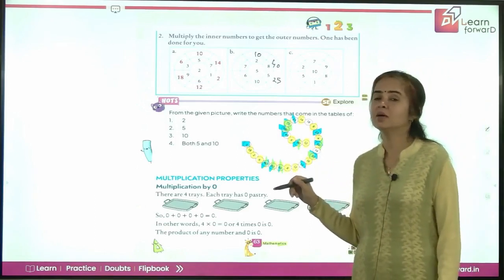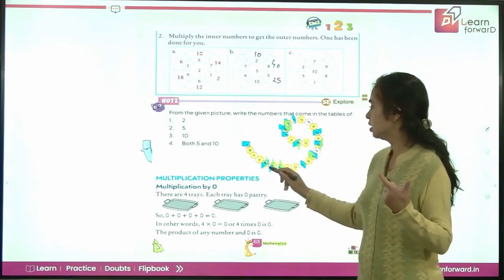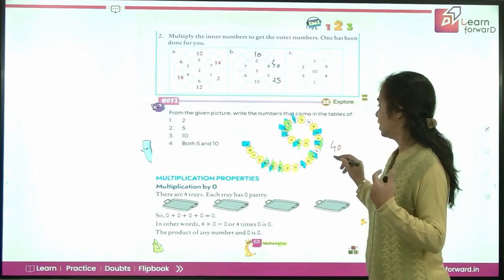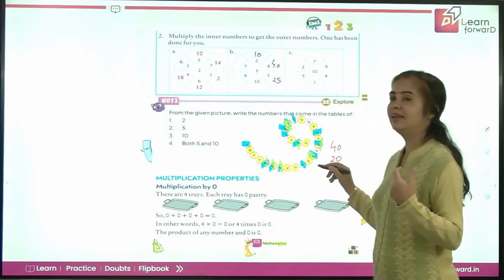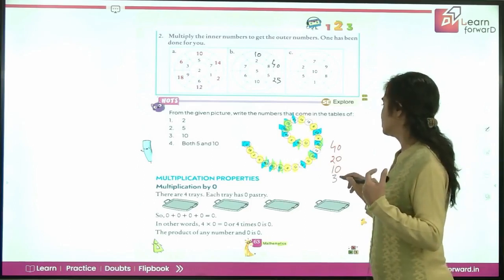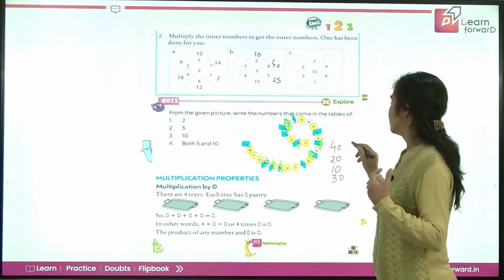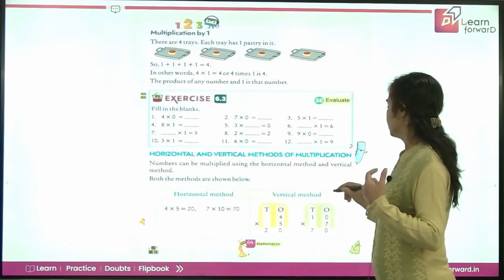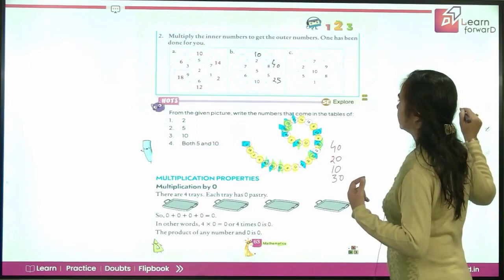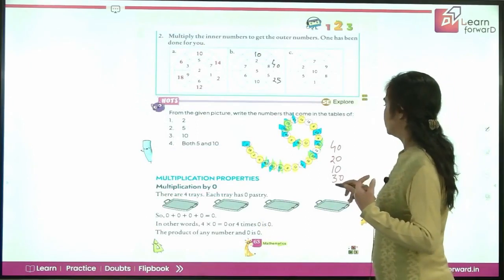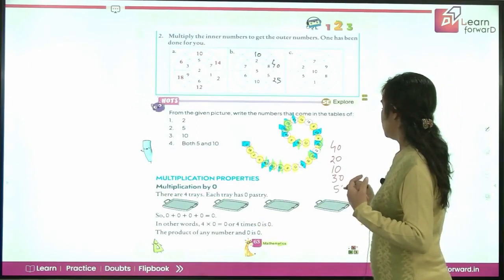Now let us see the numbers that come in the table of both these numbers. That means the numbers that have blue and green both colors. So it is 40, then you have 20, then you have 10, then good. Next is 30, next is 50. Yes, after 30, next number is 50.